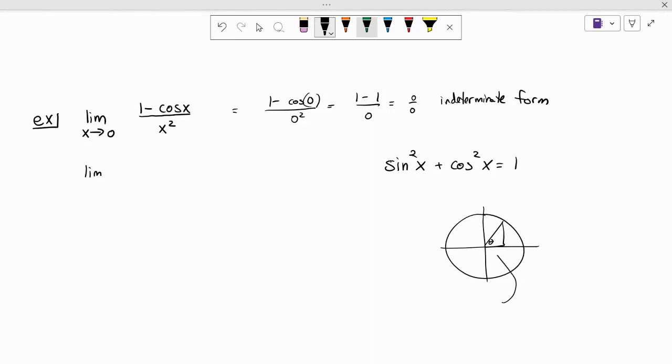We know that in a unit circle, the x coordinate is cosine theta, the y coordinate is sine theta. That's a right triangle, so the Pythagorean theorem holds. The sum of the two smaller sides squared is equal to the hypotenuse squared.